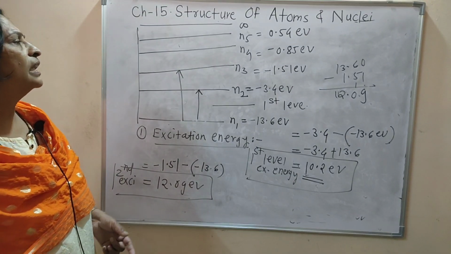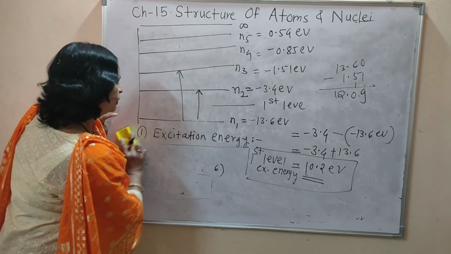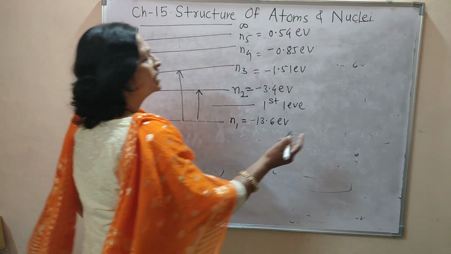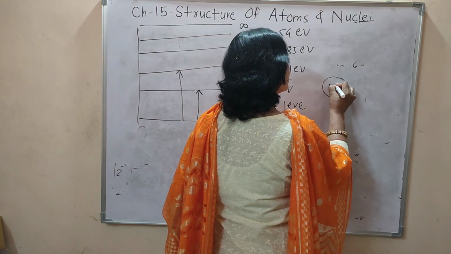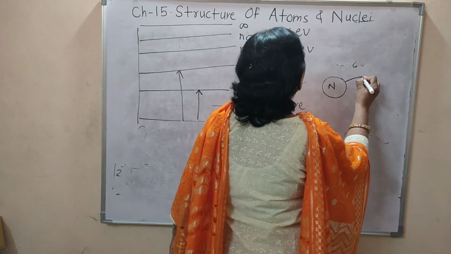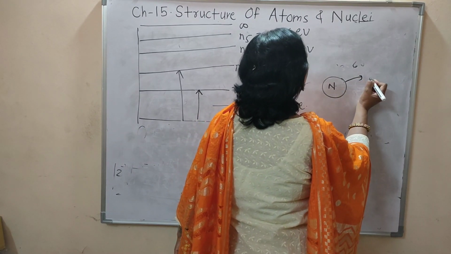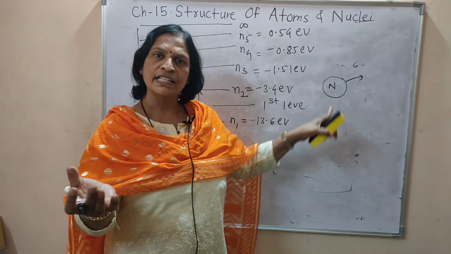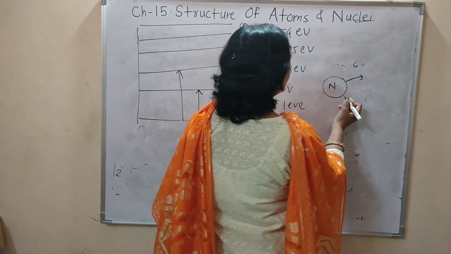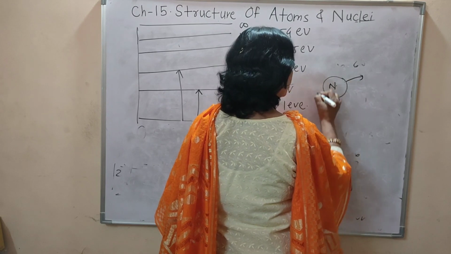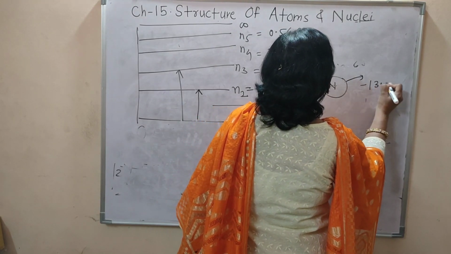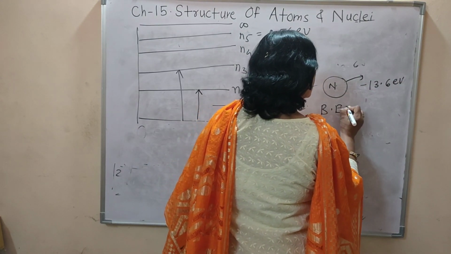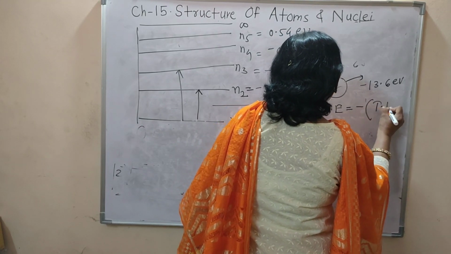Now we have to define the binding energy. Understood? That is the concept of excitation energy. Now binding energy. Suppose here is the nucleus, and we have to free the electron from this nucleus. Then for that purpose we have to supply energy. If we want to separate the electron from the nucleus, we have to provide energy to it. The energy of the electron in the ground state is -13.6 electron volt. And we know that the binding energy is nothing but minus the total energy.